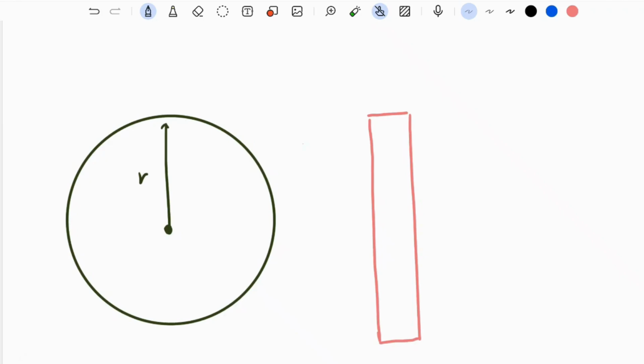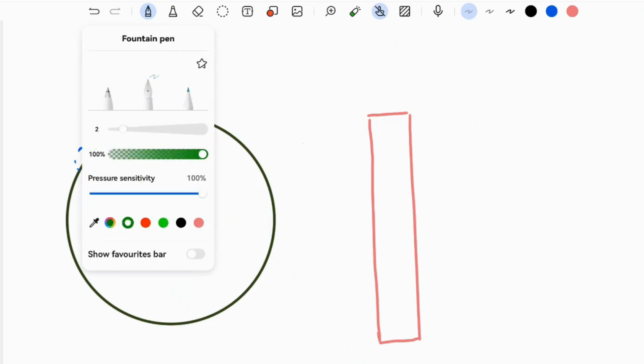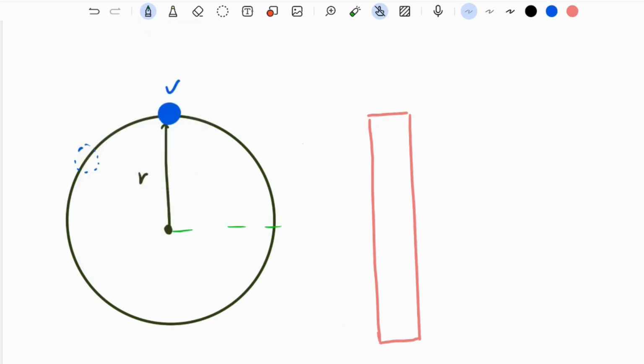So now, let's say after a certain time, the blue dot is here. Now, we're going to see the motion of the blue dot from this point to perhaps this point after a certain time. Your equilibrium is still this point. So in this second scenario, we're going to see the motion from this point to this point.